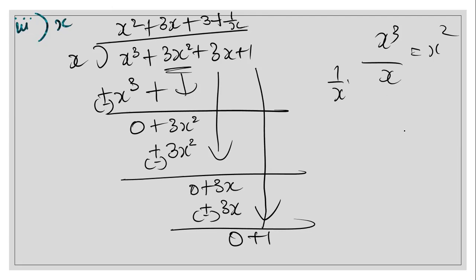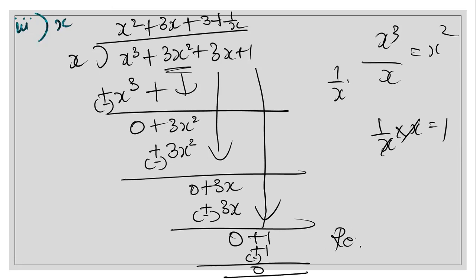So that's a new numerator. 1 by x into x is 1. So here we will get plus 1, and then plus will become minus 0. So here our remainder is equal to 0. Clear?